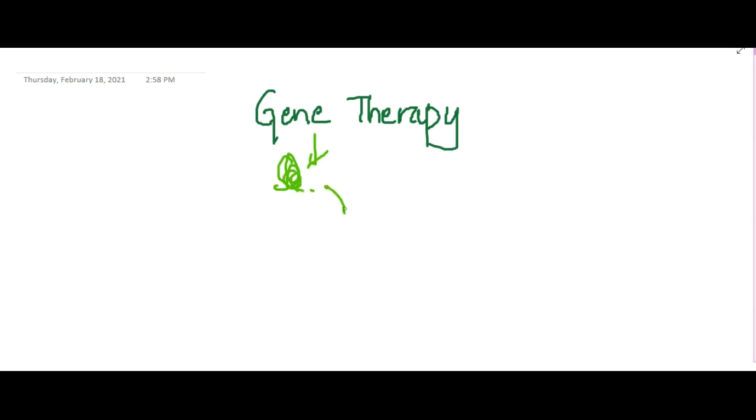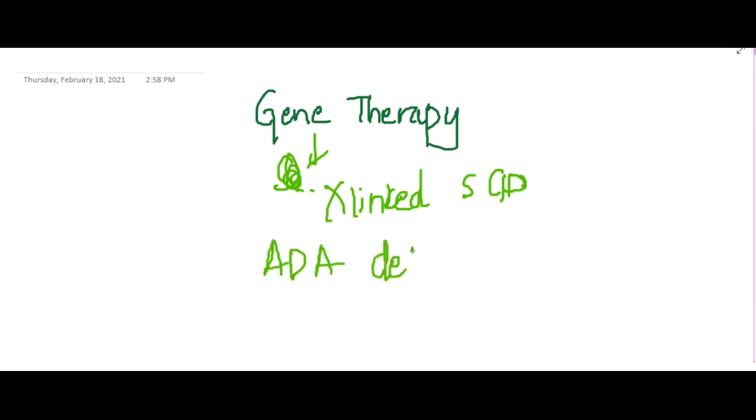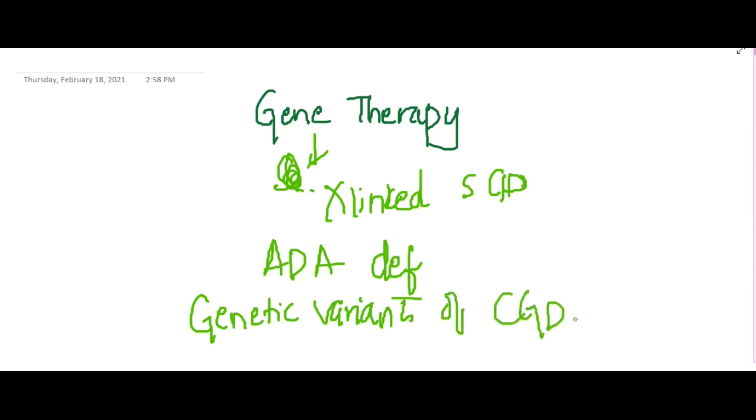Then we can give gene therapy also. Gene therapy is available for the following diseases: X-linked severe combined immunodeficiency, ADA deficiency, that is adenosine deaminase deficiency, and also for genetic variants of CGD and LAD, that is chronic granulomatous disease and leukocyte adhesion deficiency type 1.